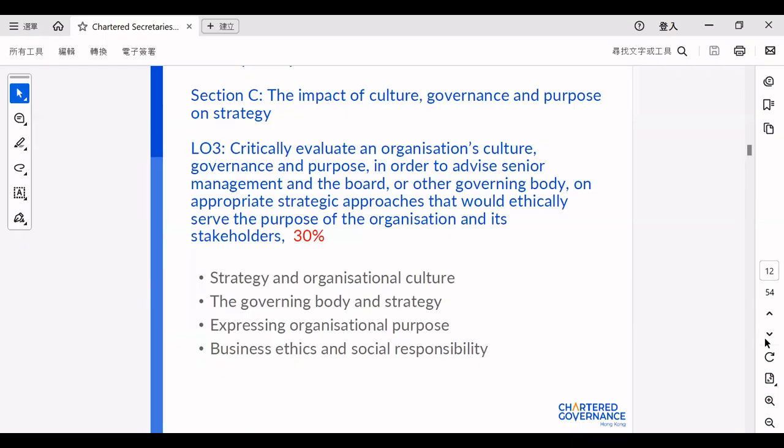Should I answer something on culture, ethics, responsibility, organization purpose, or leadership, governing bodies, etc.? Similarly, should I talk about strategic planning, the importance of strategy, different perspectives of strategy, etc.? By memorizing these 6 learning outcomes, you will have a structure when you answer your questions.